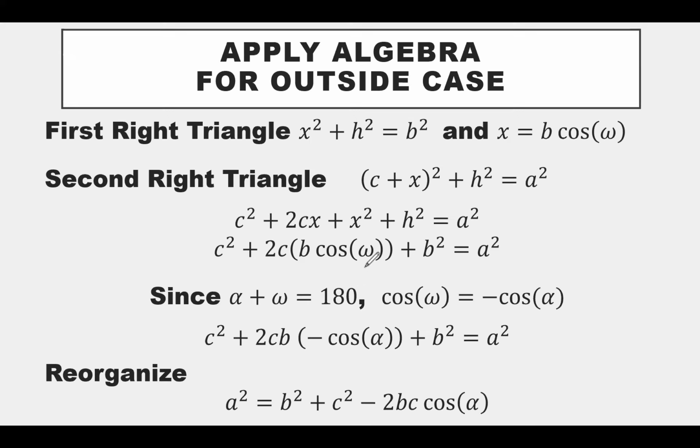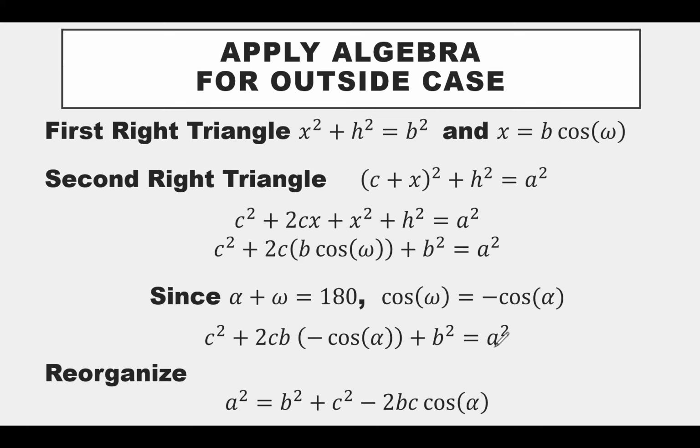Now, one thing about supplementary angles and cosine is that if alpha and omega add to 180 degrees, then the cosine of omega is going to be the opposite of the cosine of alpha. So now we're going to replace cosine of omega with the opposite of the cosine of alpha.